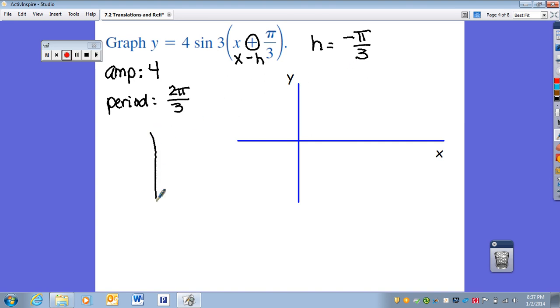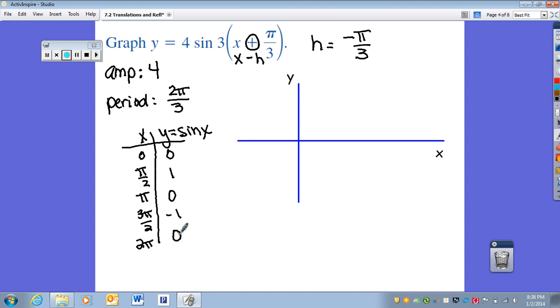So let's take a look first at our 5 key points that we would graph in our standard function. So remember that we have 0, we have pi over 2, we have pi, we have 3 pi over 2, and we have 2 pi. And with our sine function, we start at 0, 1, 0, negative 1, and back to 0.